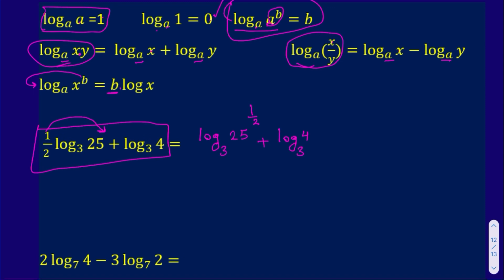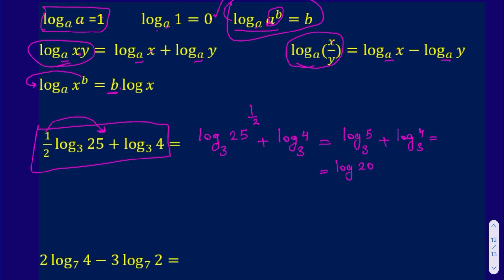And we know 25 to the power of 1 over 2, power 1 over 2 means square root. So 25 to the power 1 over 2 will be equal to 5. Therefore, it is equal to log 5 to base 3 plus log 4 to base 3, which is equal to log 20 to base 3.